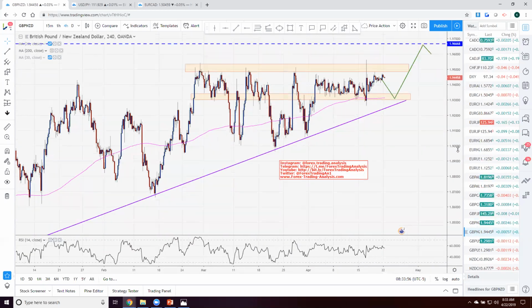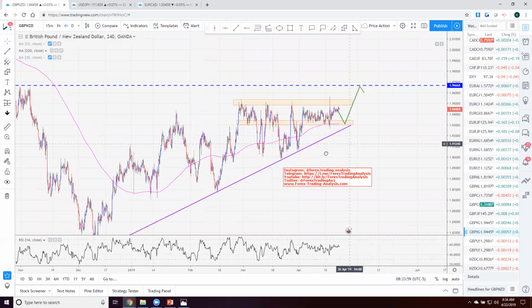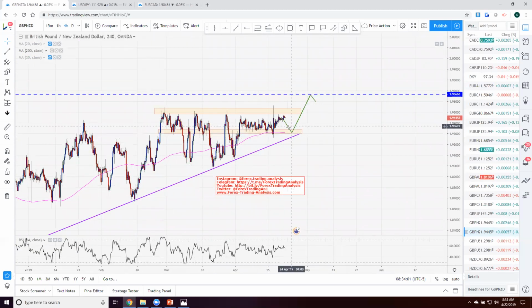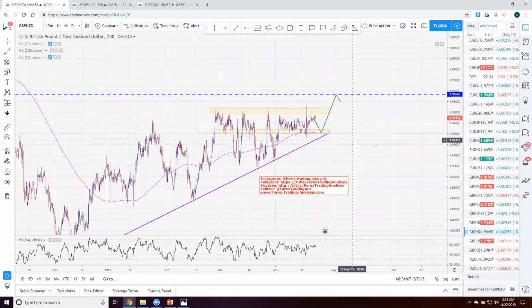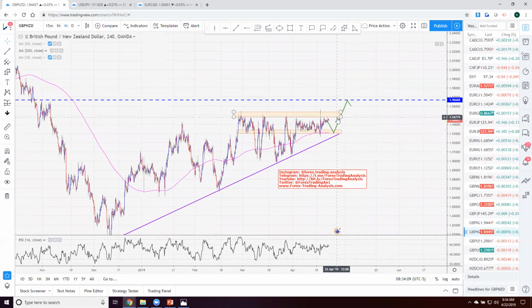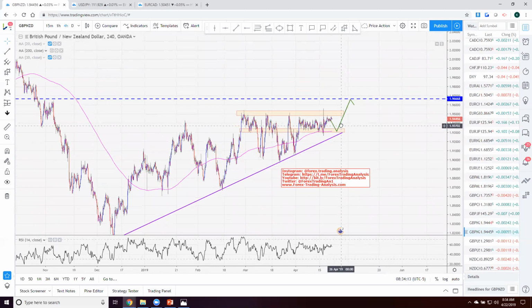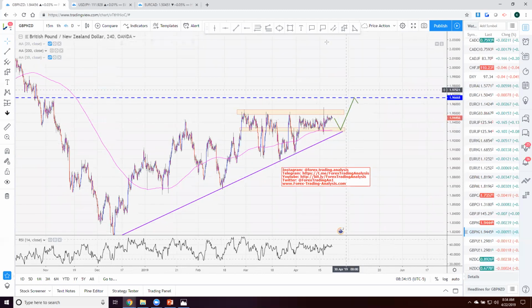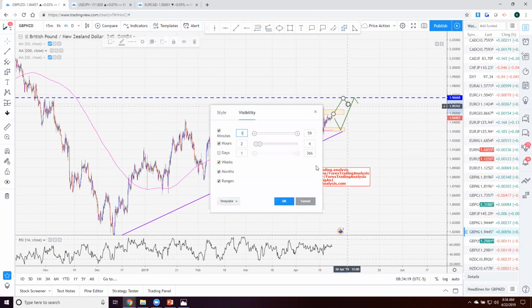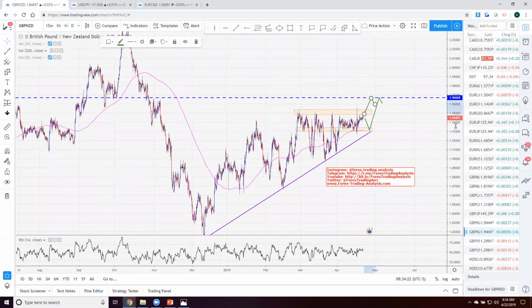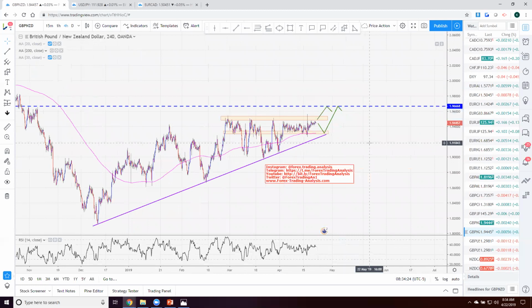So New Zealand, as you can see, again, consolidating between heavy resistance, some support. So we'll be interested to see if this thing ultimately breaks higher out of this consolidation. But at the moment, nothing to trade.